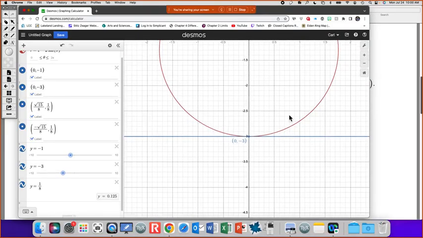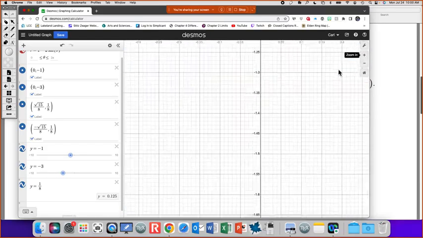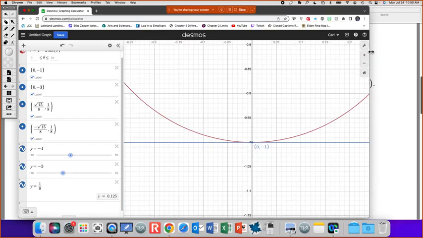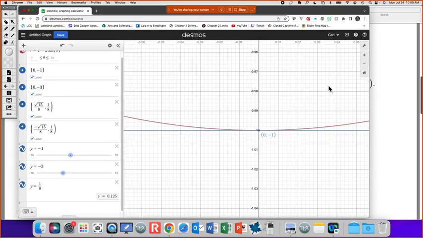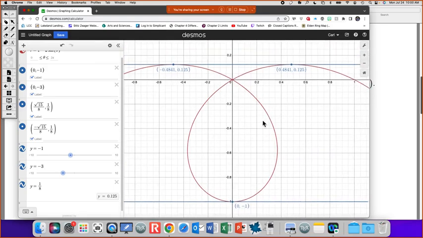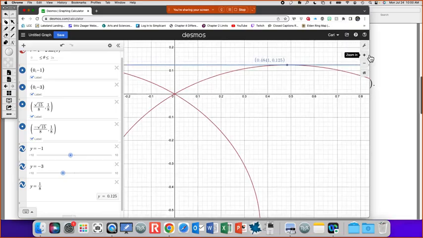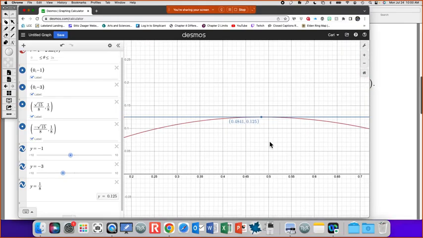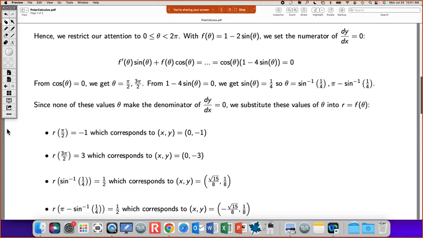Locally flat there. Locally flat there. And then we've got up here, it's the same tangent line for both of them. Make sense or not, folks? Okay, so that's how you do it. So tangent line stuff with polars is the same as tangent line stuff with parametrics. Your r is your f of theta.